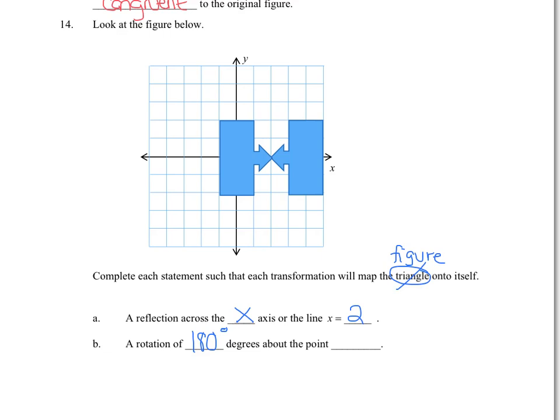So remember, that's going to rotate it not one, but 2 quadrants. And we would want to rotate it about this point right here, which is (2, 0). That way, the figure is going to rotate onto itself. It's going to literally turn 180 degrees, and we're going to see the exact same picture.